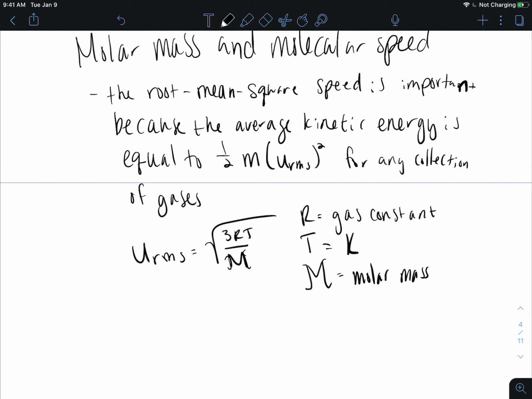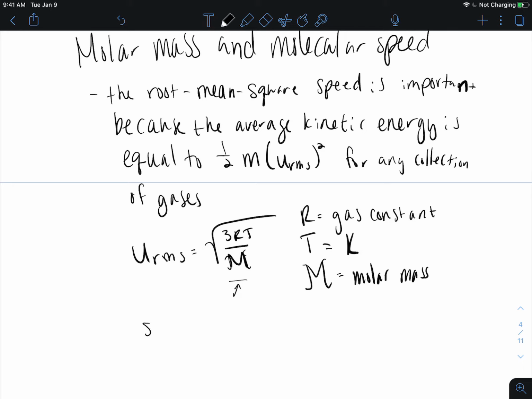So we can actually see that our molar mass is going to have an effect on our speed itself. Our speed is going to decrease the greater our molar mass is.